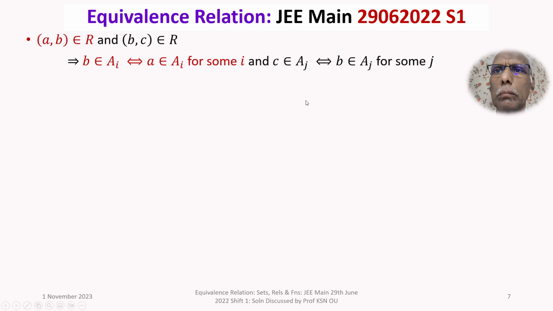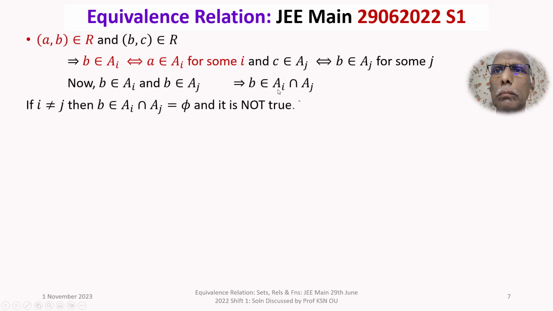This is what I can write. I will allow J to come here. But you see now, B belongs to AI and here B belongs to AJ. That means B belongs to AI intersection AJ. If I not equal to J, then AI intersection AJ is empty.